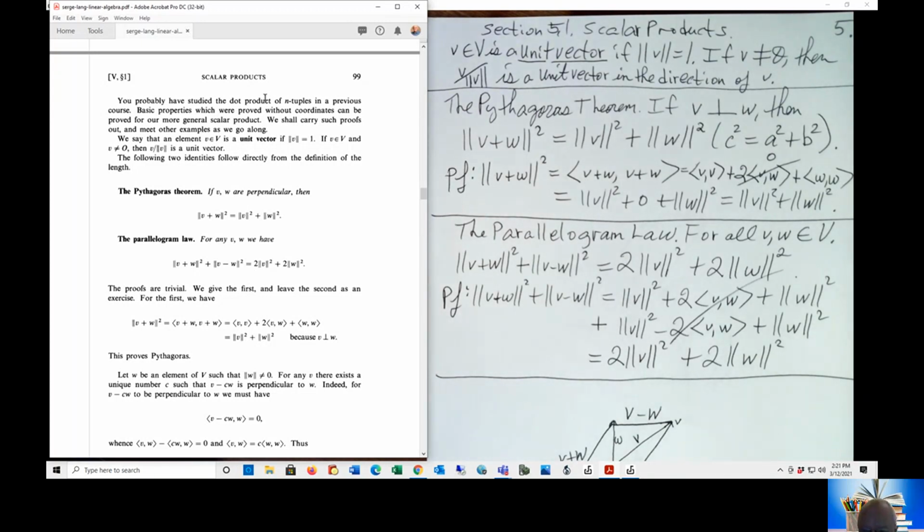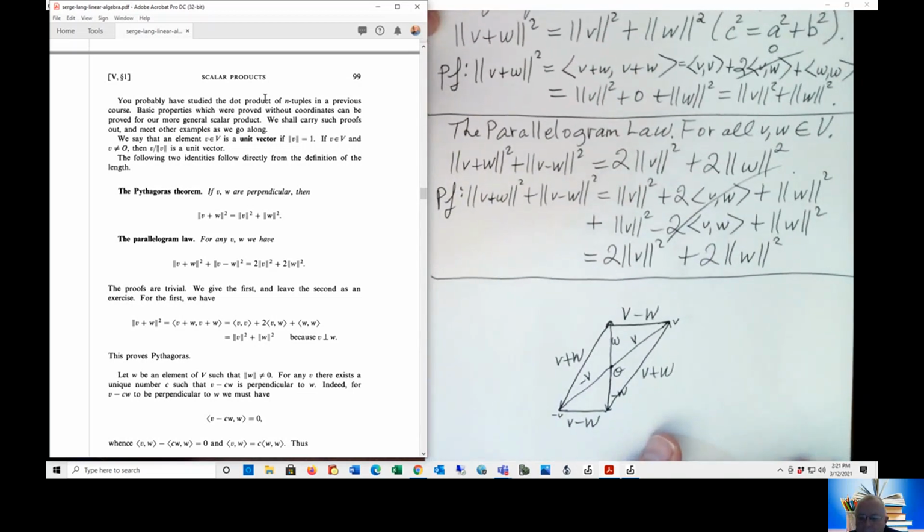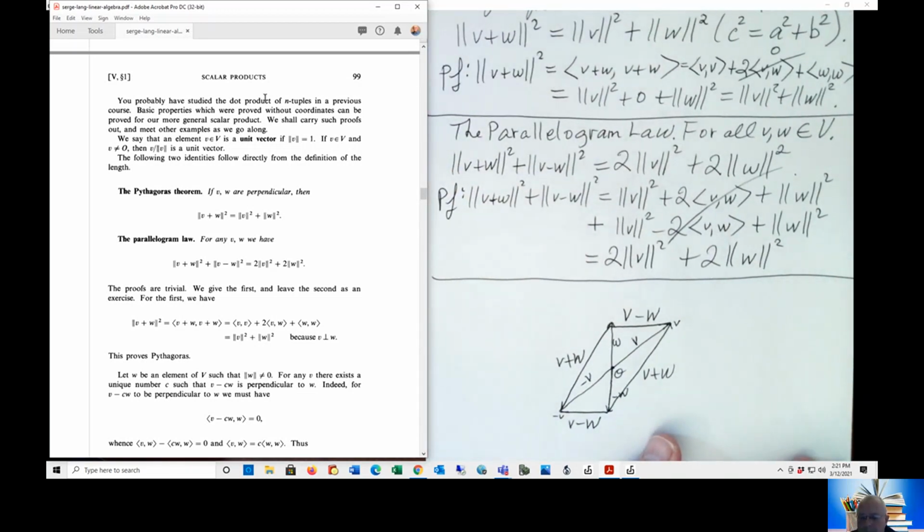Then next is the familiar parallelogram law from geometry. Now let me adjust my paper here. At the bottom of my paper, notice my parallelogram.